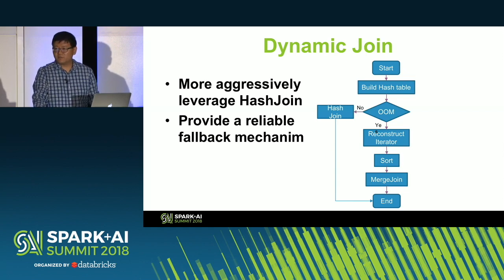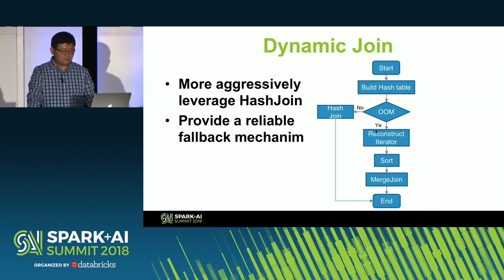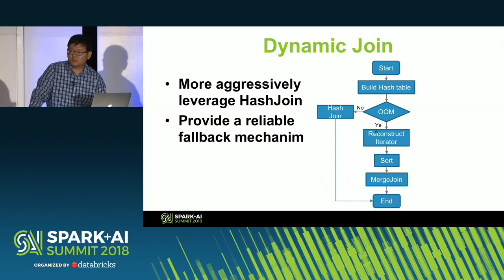In regular cases the job will fail, but here we catch the out-of-memory exception. Here the out-of-memory is the Spark memory management out-of-memory. It's not the JVM one; the JVM one is not recoverable. If we hit the Spark out-of-memory, we reconstruct the iterator, then do the regular sort merge join.